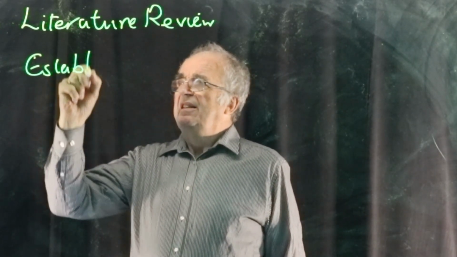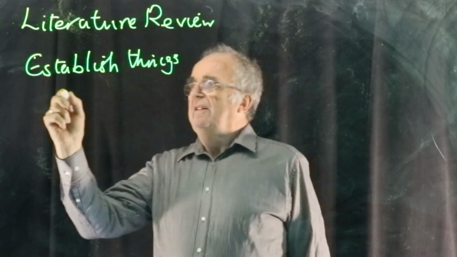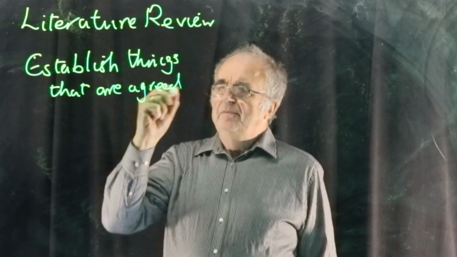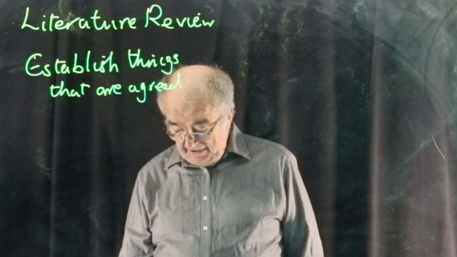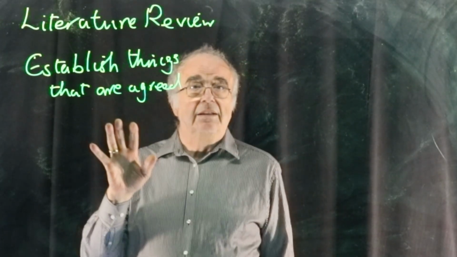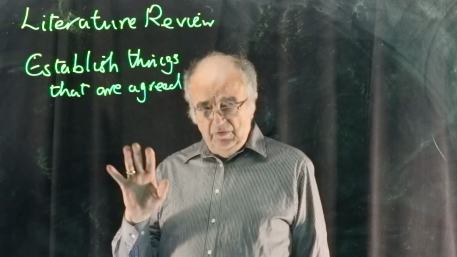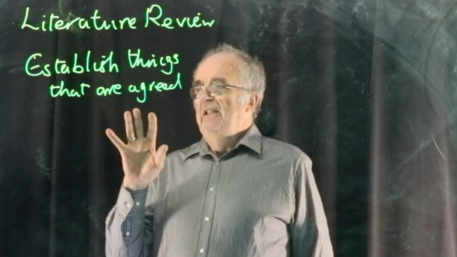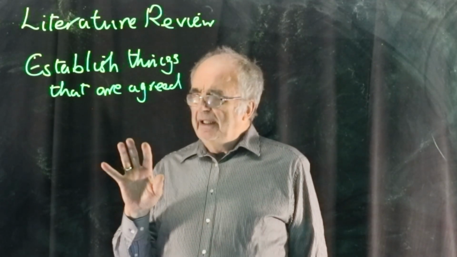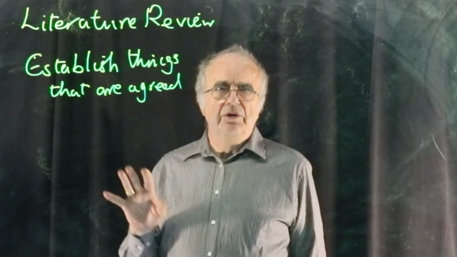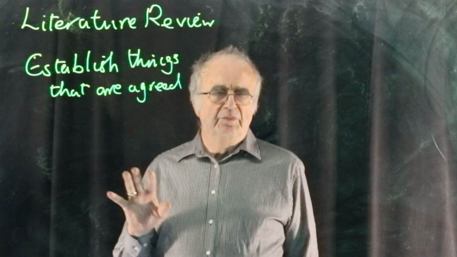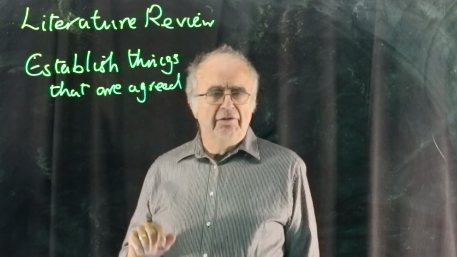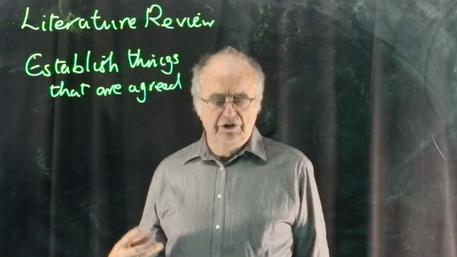So the first task of the literature review is to establish what's not going to be discussed. Not that they're not going to be discussed, but they don't need discussing because they're generally understood to be true. So that's the first job of the literature review. It's that clearing of the ground before you start your research project. Perhaps you might call it background or context, but that's the first job that it's there to do.